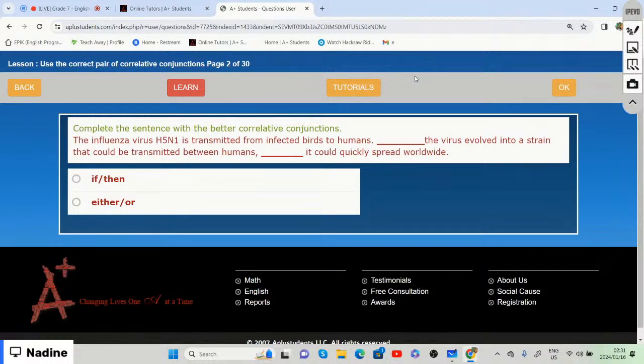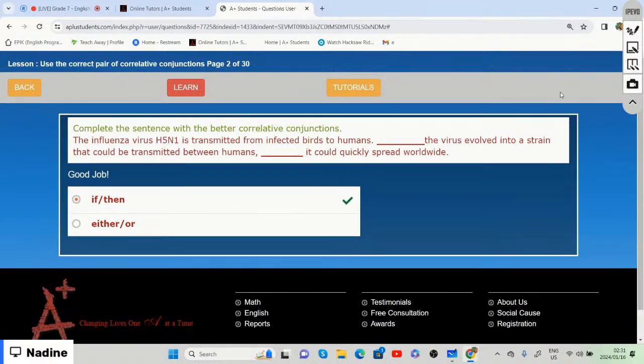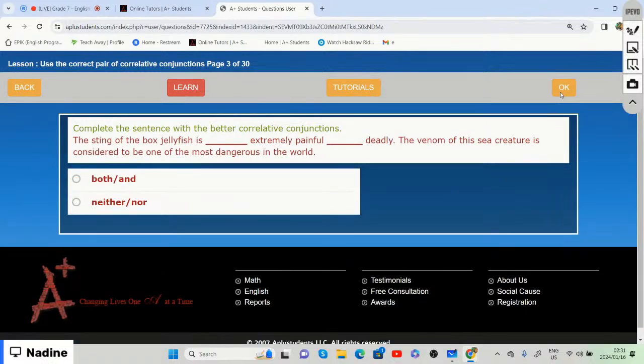So we can say that if the virus evolves into a strain that could be transmitted between humans, then it will quickly spread worldwide. And if then is correct.